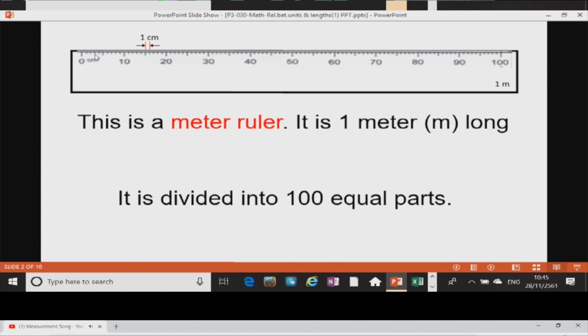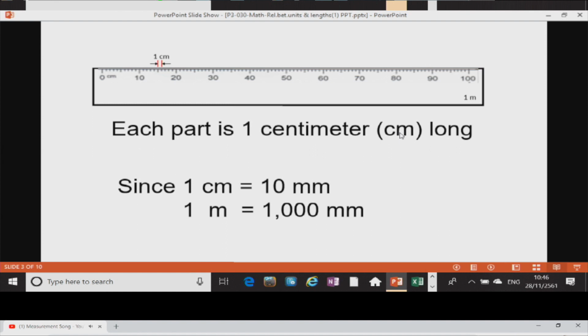These are your millimeters, the very little ones. Then you have your centimeters, and then 100 centimeters, 1 meter. Each part is 1 centimeter long.